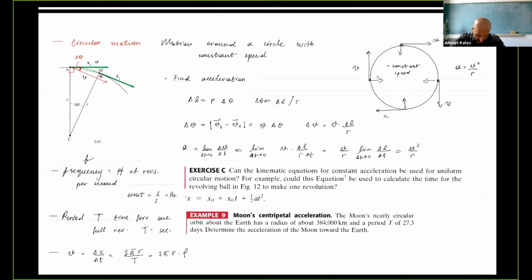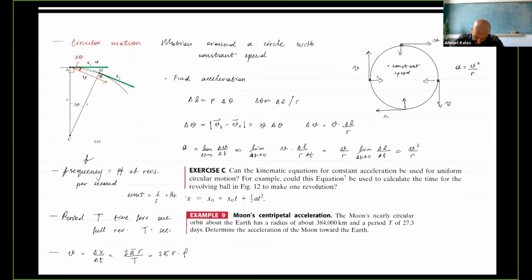Exactly. Thank you. It doesn't mean the acceleration is constant, right? It means the magnitude of acceleration is constant, but its direction is changing. So we cannot use equations like this. Be careful: not only the magnitude but also the direction should be constant for you to be able to use them. So for circular motion, unfortunately, we cannot use this.